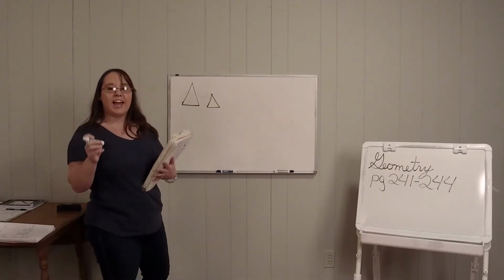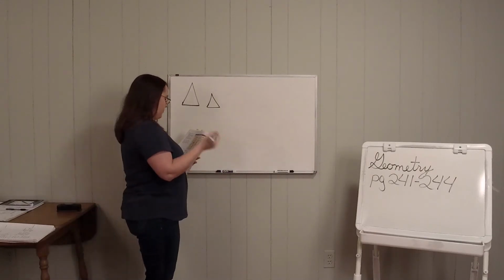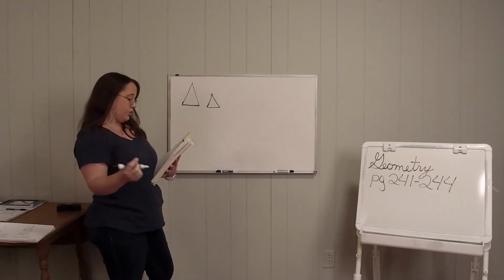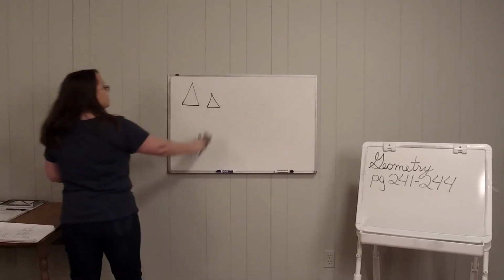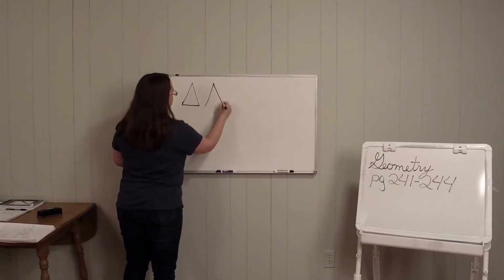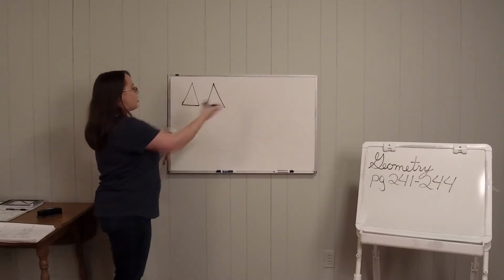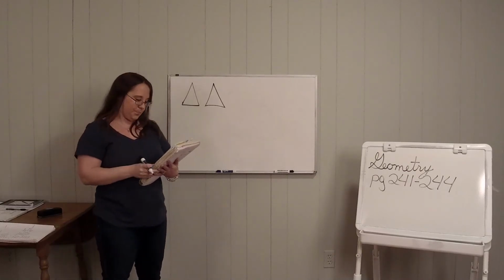They're the same shape, but they're not the same size. Now, then you have congruent figures. They have the same size and the same shape. So, if I drew two big triangles, those are congruent. They're the same size, they're the same shape.